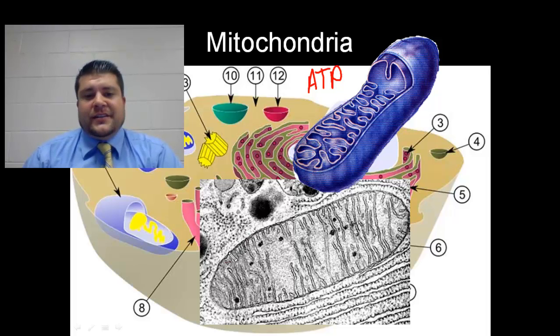And so if we look here at the microscopic version of the mitochondria, we have a cellular membrane around the outside and then a highly folded inside. And so this inside membrane actually allows for more surface area, which allows molecules to go back and forth between the membrane to create energy.